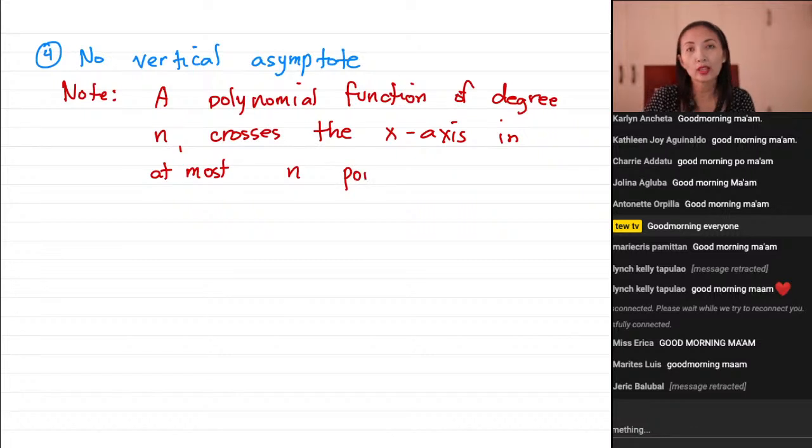Okay? So, n or less. So, in this case, we found 2 points of intersection along the x-axis, 2 x-intercepts.